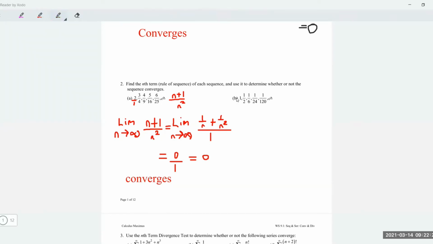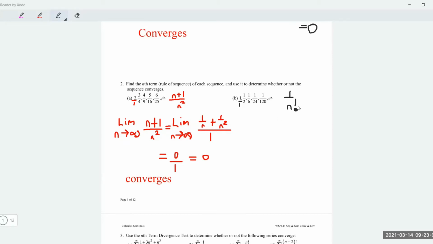Part B gave us 1, which is really 1 over 1, 1 over 2, 1 over 6, 1 over 24, 1 over 120, and the next one is 1 over 720, and it goes on. So the nth term is 1 over n factorial. So since we have 1 over n factorial, we need to determine if this is converging or diverging.